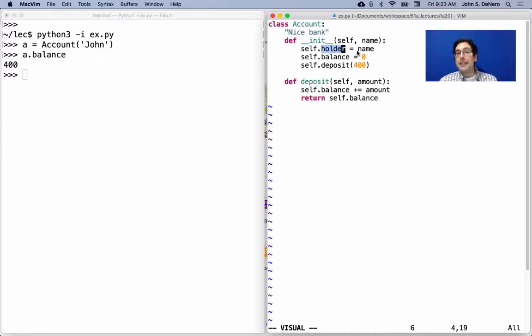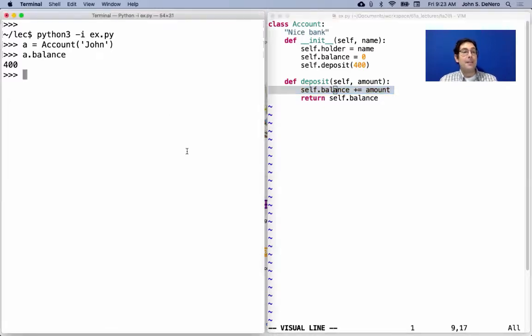Or you could update attributes that already exist. This already had a balance, and now the balance is changing. In either case we are mutating, which means that if we have two names for the same account, and I deposit into A, I have in fact deposited into B as well, because B and A are just names for the same thing, and it's the thing that's changing. It's not the variables that are changing.